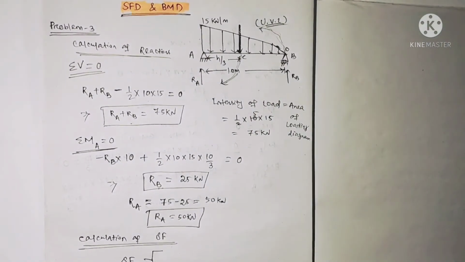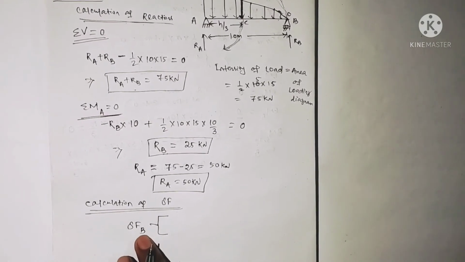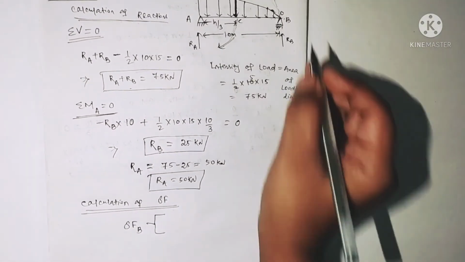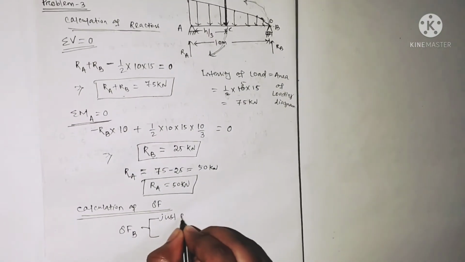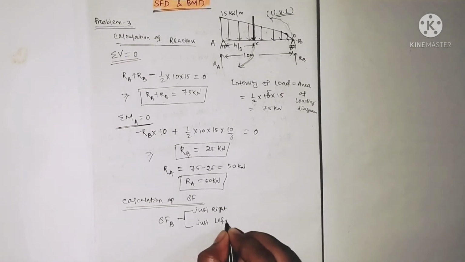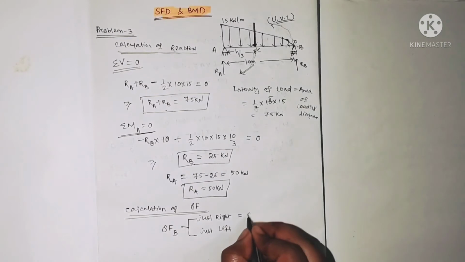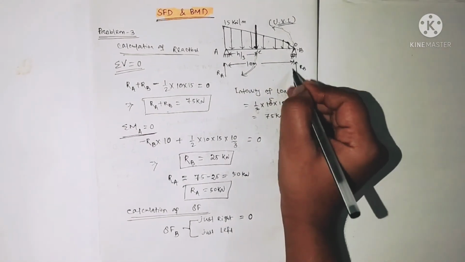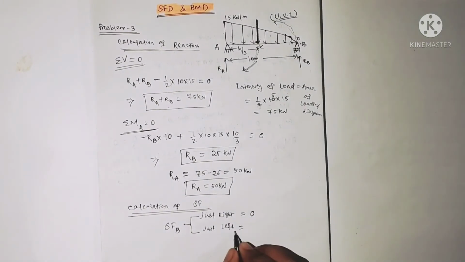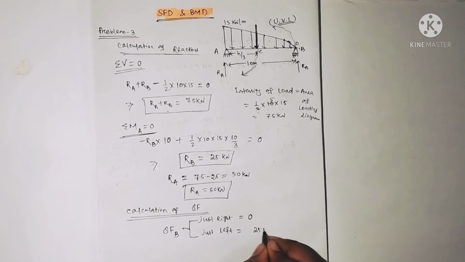Here I calculate the shear force at B just right and just left. At just right there is no further loading, so that is 0. And just left there is only Rb reaction acting, so at just left the shear force will be Rb. Rb is 25 kilonewton.